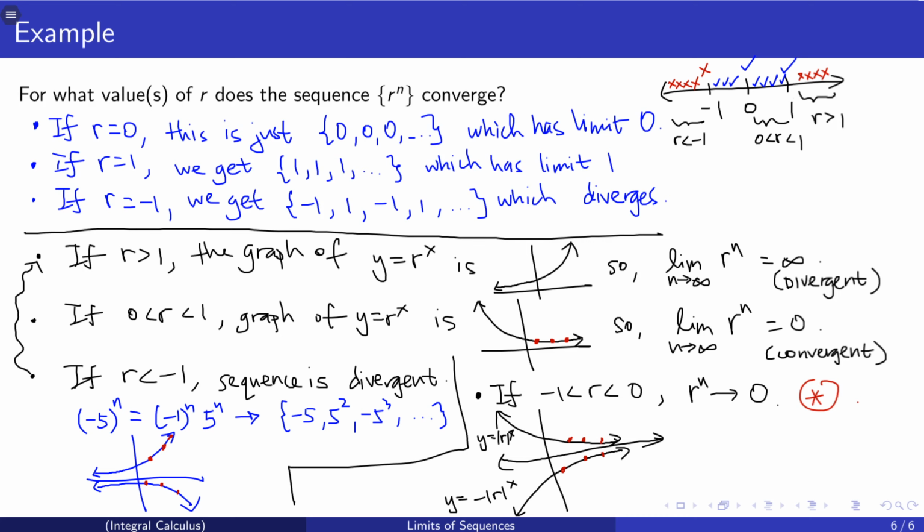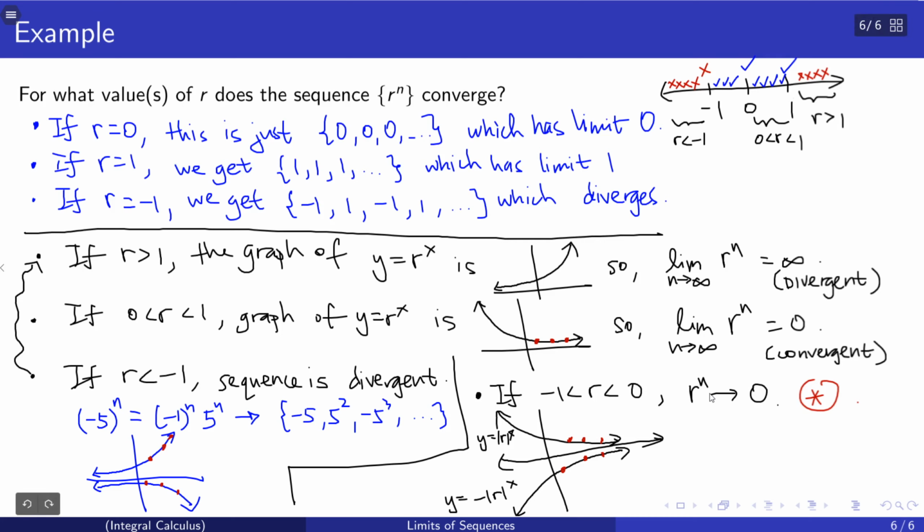And in fact, we'll try to think about that. How do you actually prove that r raised to n goes to 0 if r is in between -1 and 0? I'll give you a hint. You can use one of the laws in that huge page full of bullet points that you saw previously. And you'll be able to prove that the limit is 0.